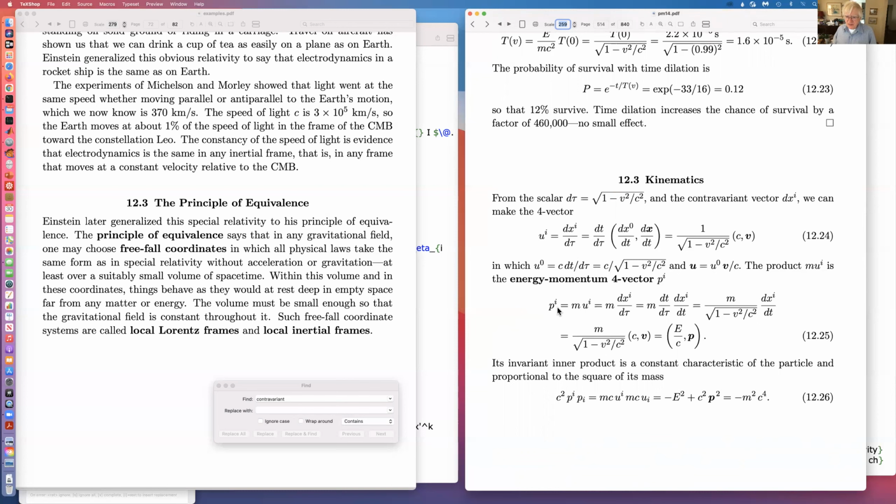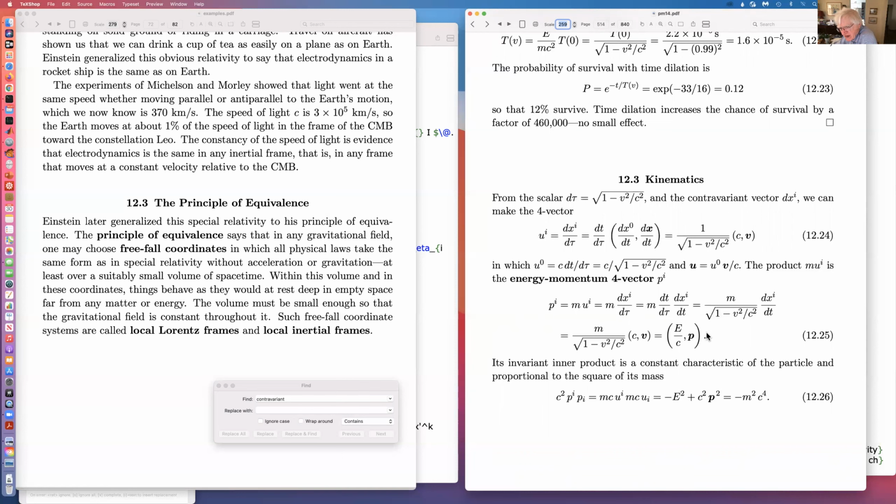And so the ith component of the 4 momentum is m times the ith component of u, which is dx^i over d tau. Writing this all out, it's this expression here times m. And now you see Einstein's E equals m c squared relation here: the energy is m over this square root times c squared, and then a v here.